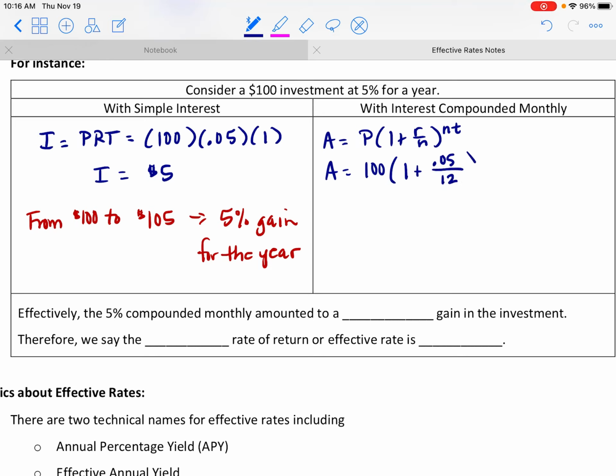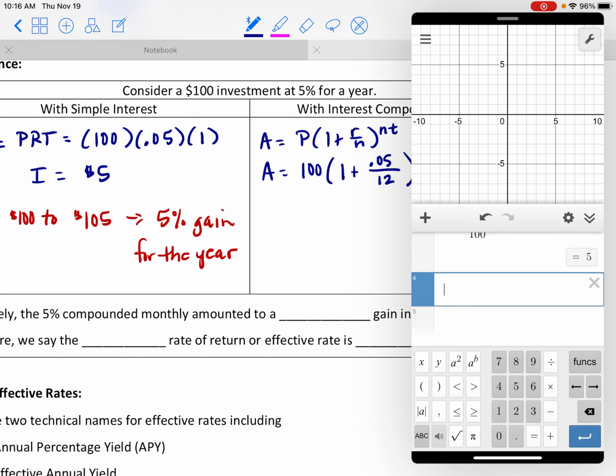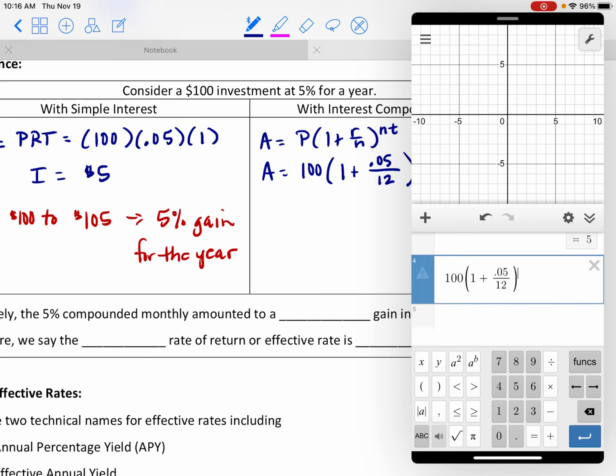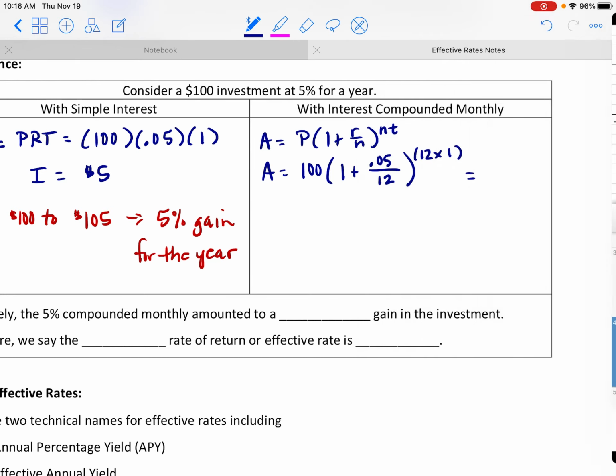Monthly would be 12, and then we're going to raise that to the n times t power, so 12 times 1 year. And we end up with, let's see, calculator, 100 times 1 plus 0.05 over 12 raised to the 12 times 1 power is 105, and then we're going to round that to 12 cents.